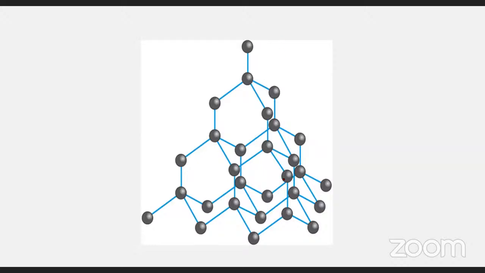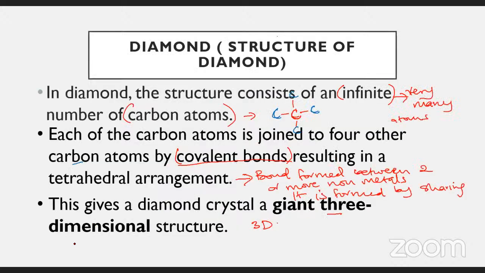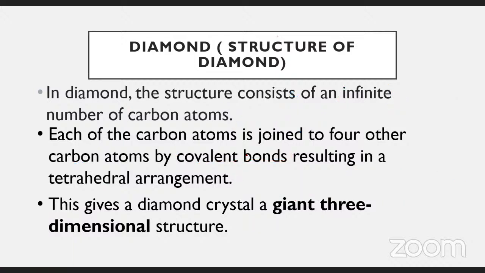Okay. Martha is saying that she didn't get point 2 and 3. Let me go back briefly. So here on point number 2, each of the carbon atoms is joined to 4 other carbon atoms by covalent bonds, resulting into a tetrahedral arrangement.